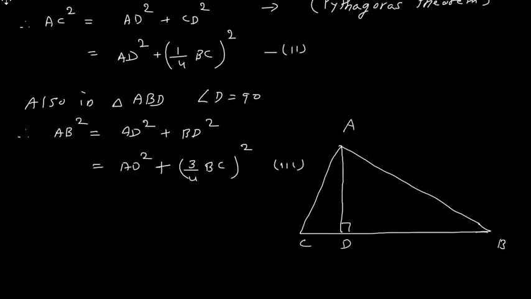From equation 3 find the value of AD square. Therefore AD square is equal to AB square minus 3 upon 4 BC square. So this AD square is also converted in terms of AB and BC. This you can say is 4.